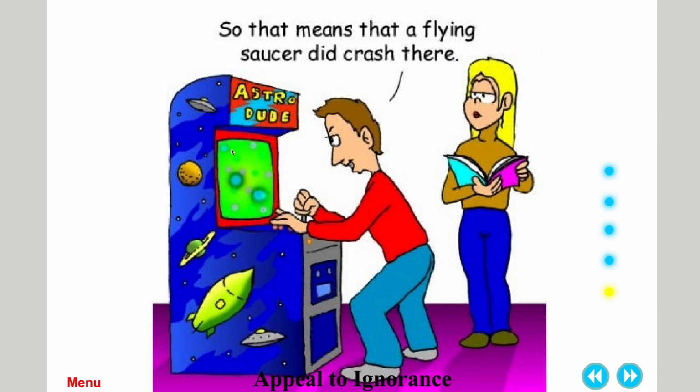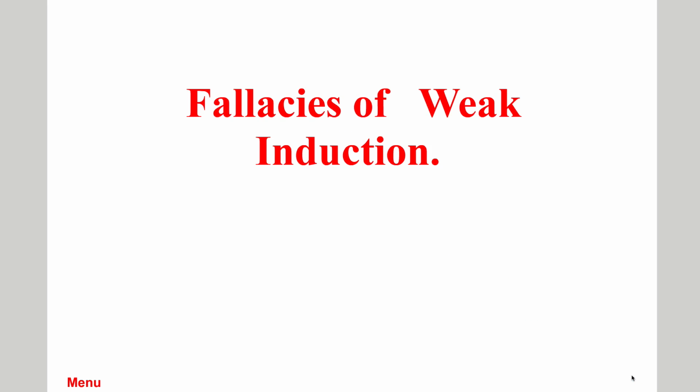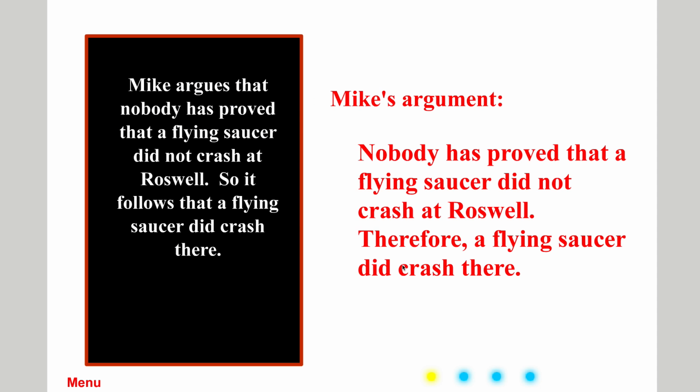But you can't go from ignorance to a positive conclusion there, meaning that something did exist. You can't go from non-existence of something to the existence of something. Nobody's seen this, therefore it must exist. That's not the case. So Mike argues that nobody has proved that a flying saucer did not crash at Roswell, so it follows that a flying saucer did crash there. Right?